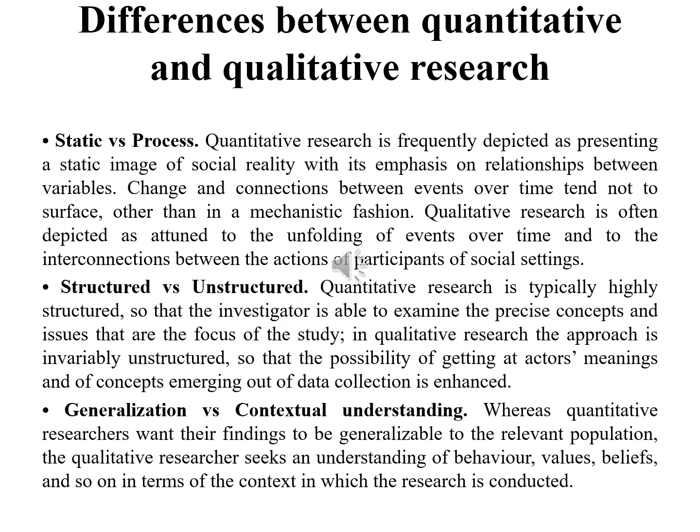Now let's focus on another difference: static versus process. Quantitative research is static. Why? Because it often gives a snapshot of social life at a particular time and focuses on relationships between variables. Qualitative research comes under process.